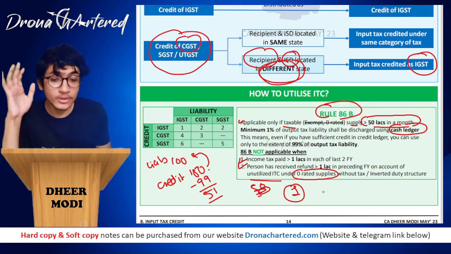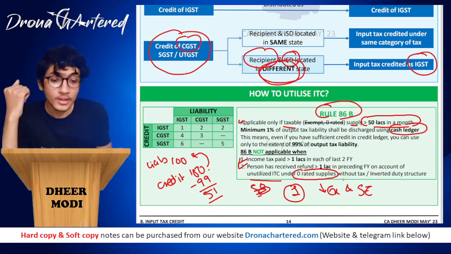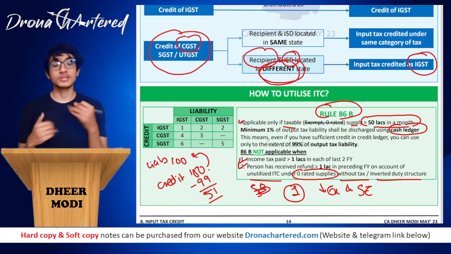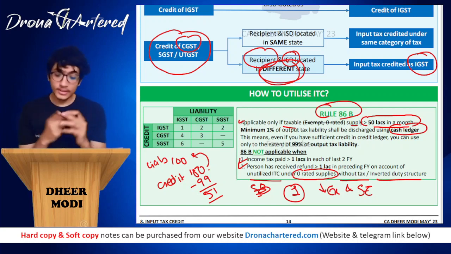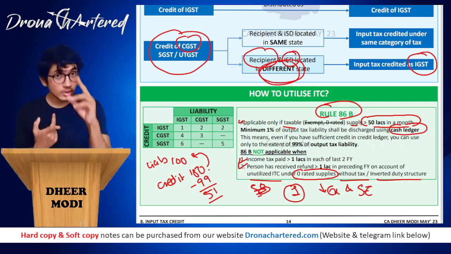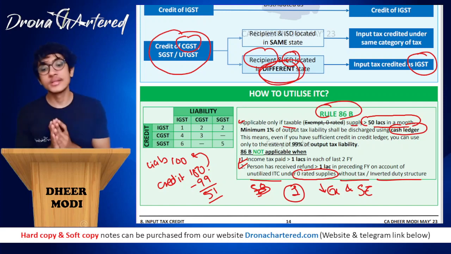I hope you remember what zero rated supplies are: your export and your SEZ supplies without tax, or your inverted duty structure. If that is more than 1 lakh, then 86B will not be applicable. So 86B becomes applicable only if your turnover is more than 50 lakhs in a month, and it will not be applicable under these two circumstances.